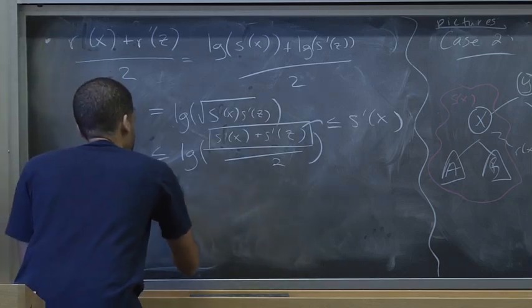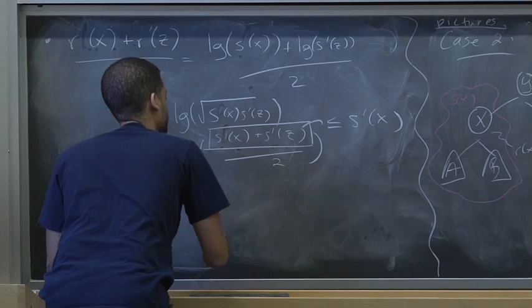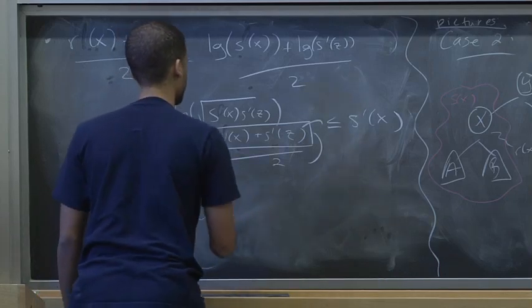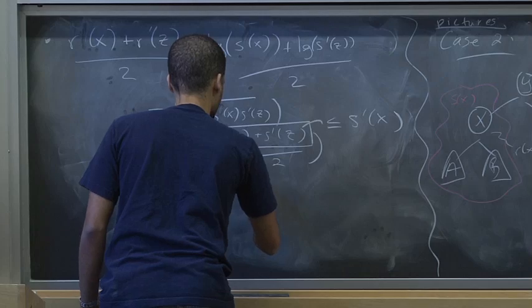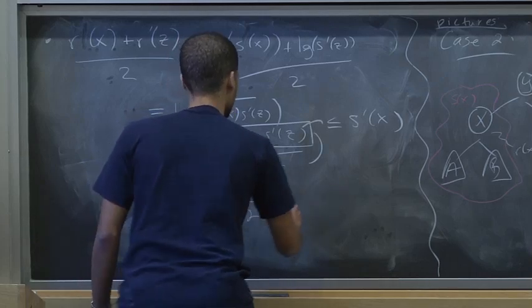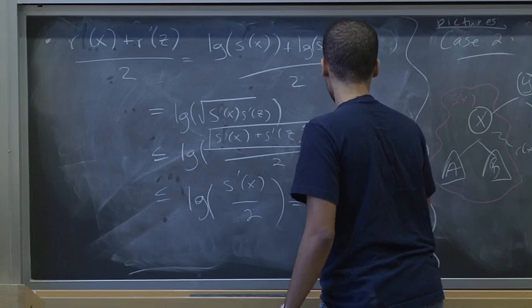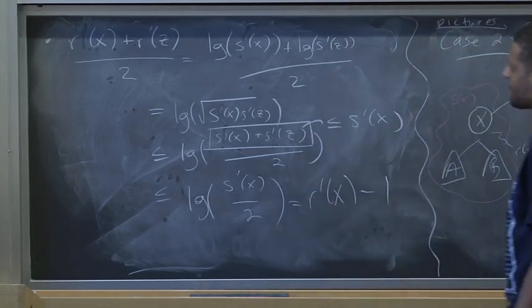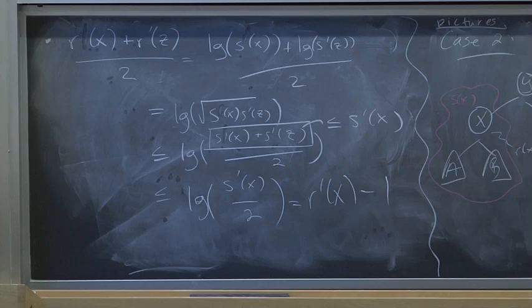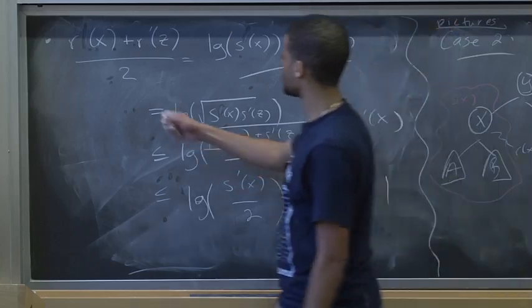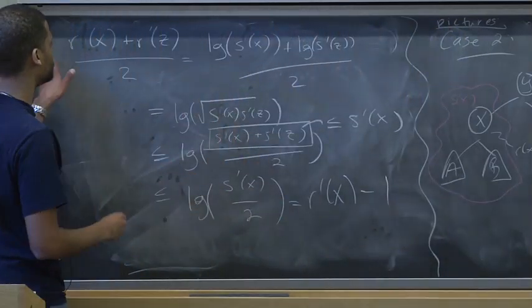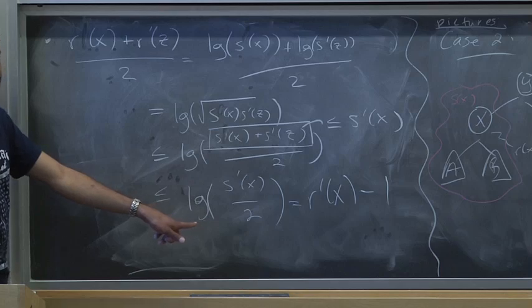So this is at most log of S prime of x over 2, which equals r prime of x minus 1. And then now you multiply by 2, and you subtract off r of x.